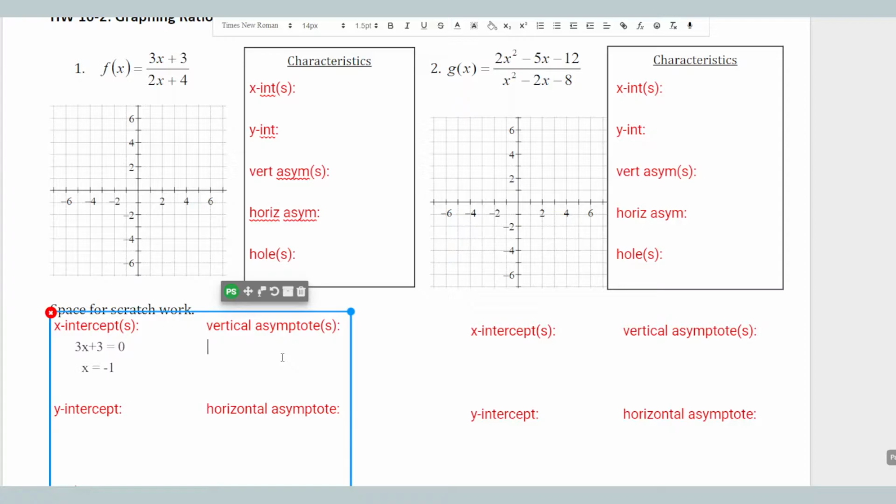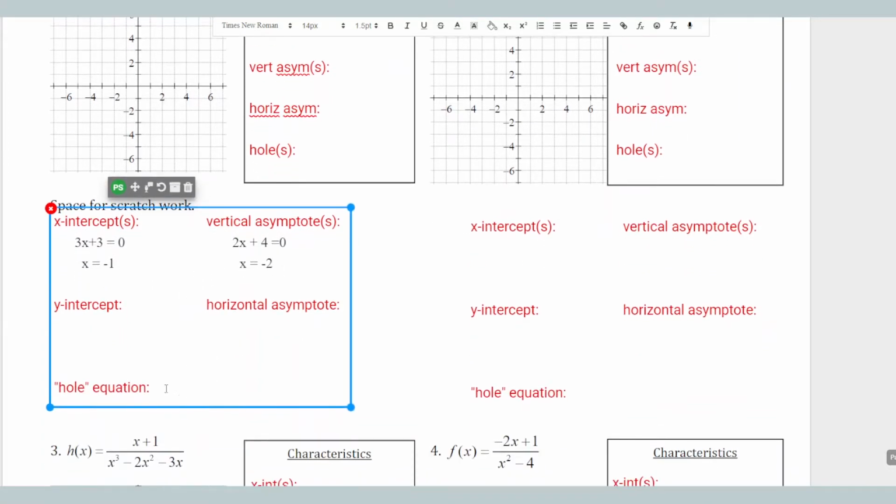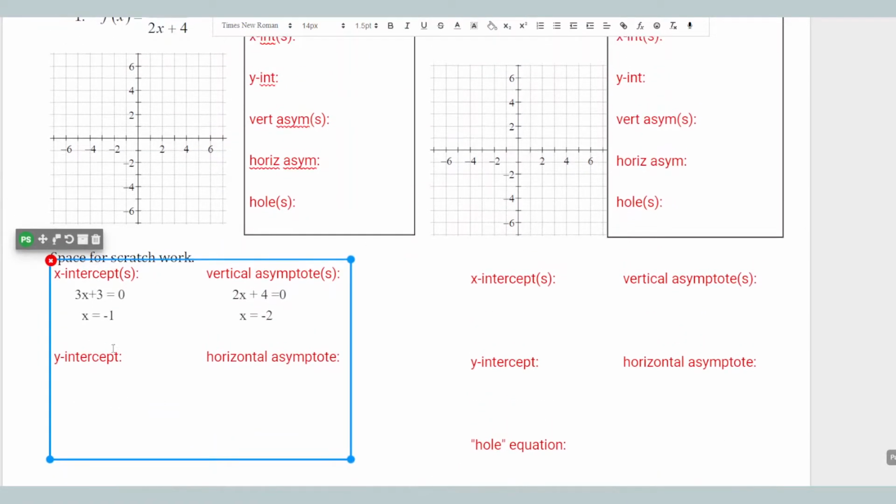For the vertical asymptotes, we're going to do the same thing, but we're going to set the denominator equal to 0 and solve that. So here we would subtract 4 from both sides and then divide by 2, and so we should get -2. We don't have any contradiction here, so there's going to be no hole, because we don't have a common factor.